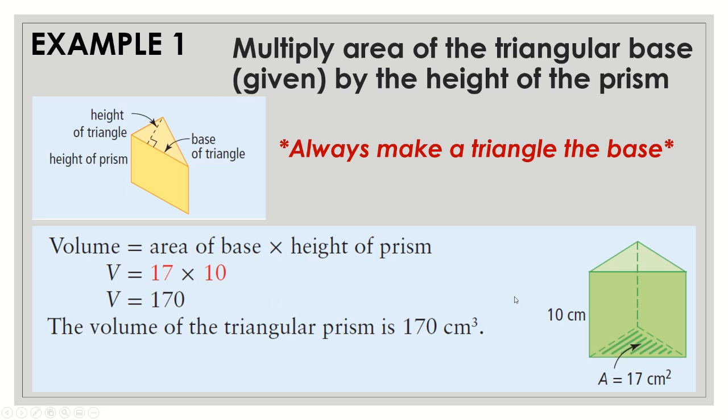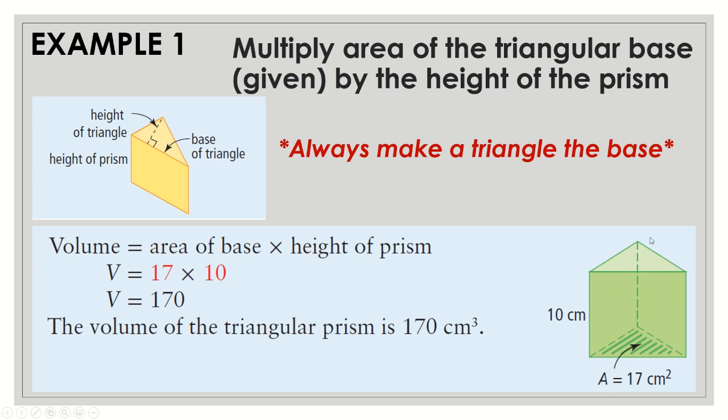All right, so the easiest kind of question you'll see is a question where you're given the area. If you think back to a lesson that Miss Muirhead did last week, questions that give you the area of the base, all you need to do is multiply that area by the height of the prism. The base is always going to be a triangular side for triangular prisms.